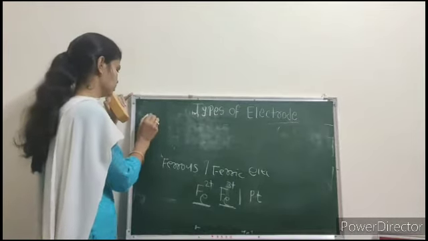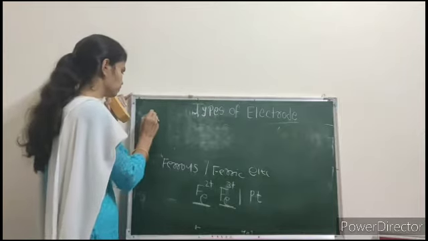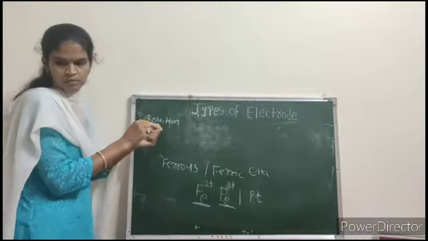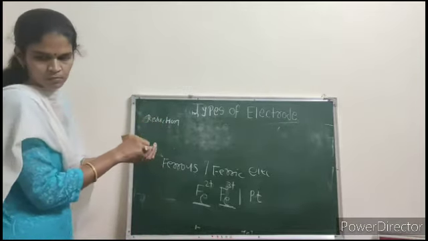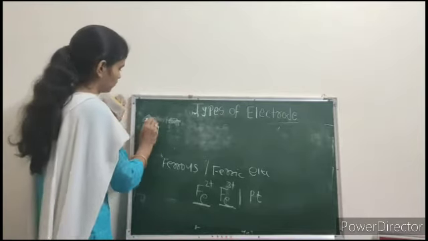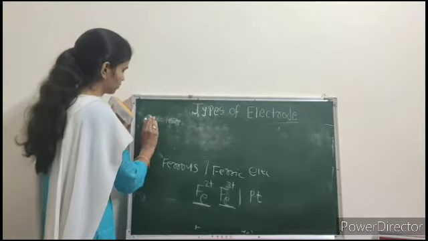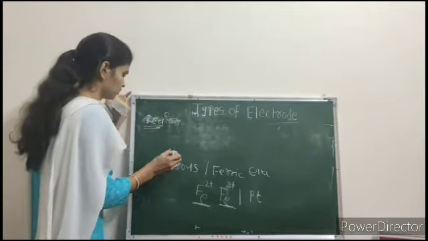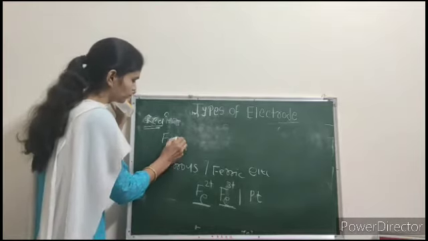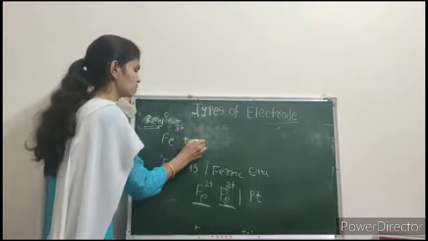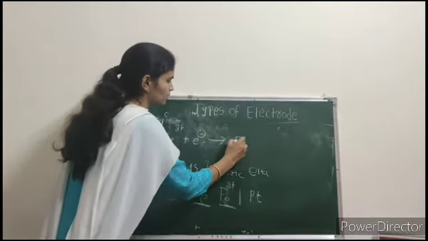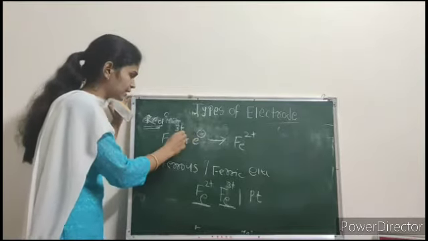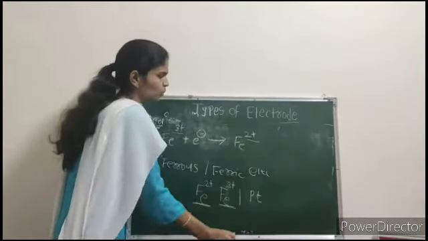First we write down the reduction reaction: Fe3 plus plus 1 electron gives Fe2 plus. Therefore, we get two different oxidation states, Fe3 plus and Fe2 plus.